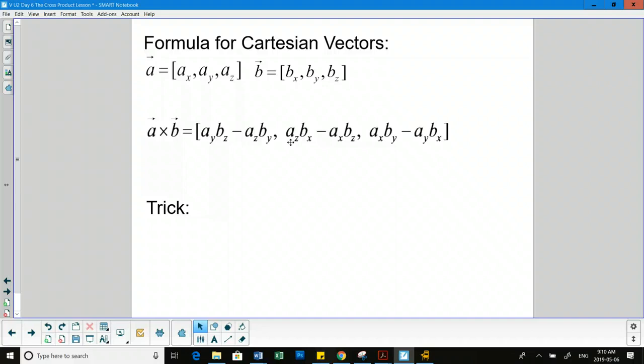You can still copy it, just so you have it. Do you see what pattern is happening here? What's the pattern that's going on?